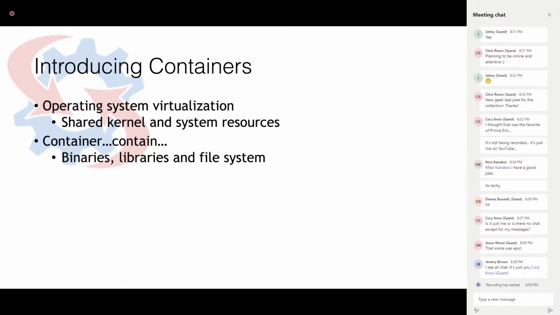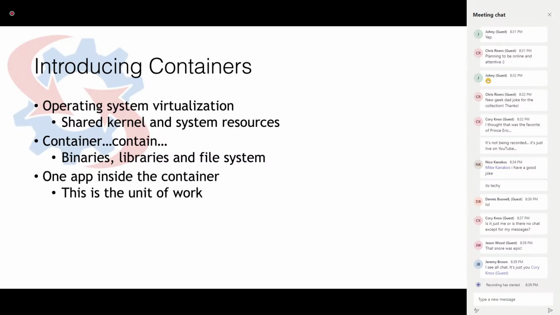And so what is a container? All a container really is, is the binary, the libraries, and whatever other components are needed to run an application. It's literally just that. And then you can start it up and have a running process that thinks it has access to the entire underlying OS. Generally speaking, you're going to have one application inside of a container.